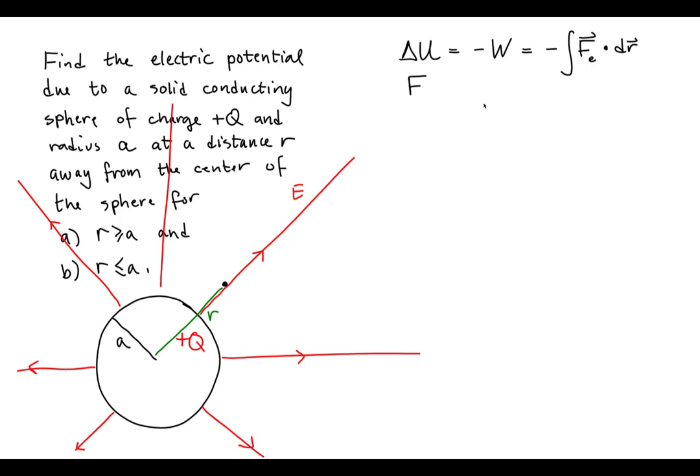Well, remember, the force due to an electric field is directly proportional to the electric field, where the constant of proportionality is the charge. So for our problem, the charge is a positive capital Q. This means that the change in electric potential energy between 2 points is equal to minus the line integral of QE.